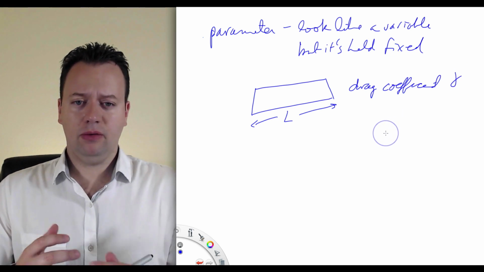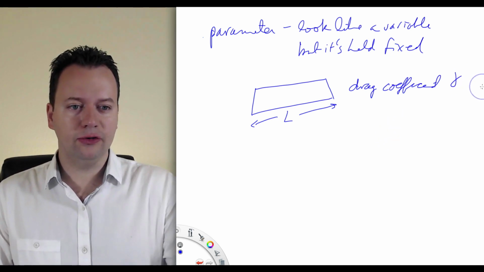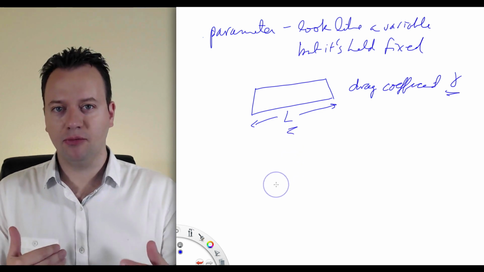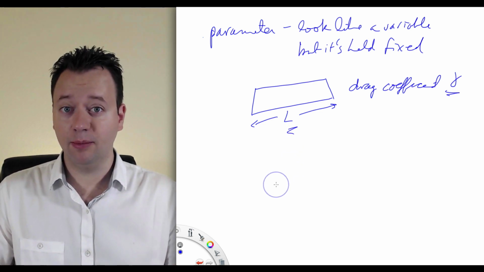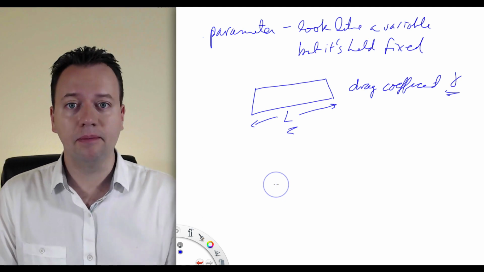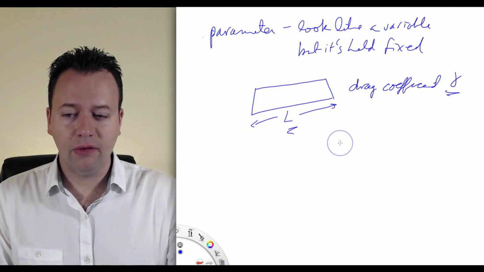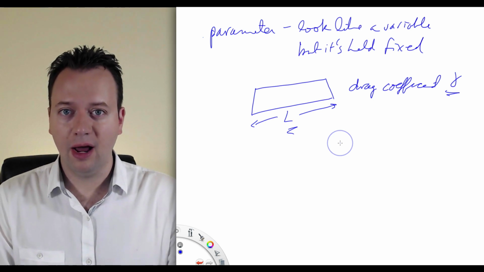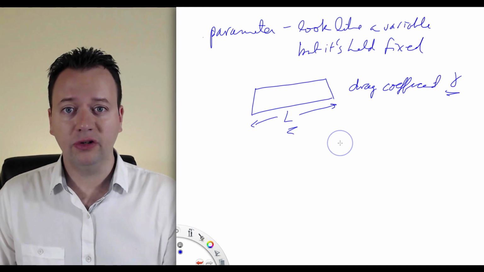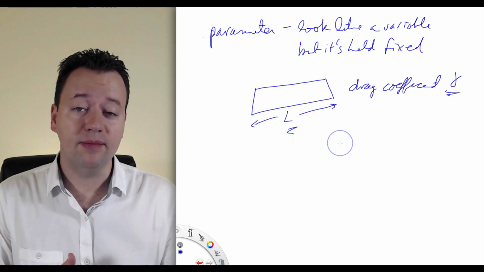Let's say that each wing has a different drag coefficient and a different length. And you want to solve some problem about the wing, for example, how much lift are you generating with your given airplane wing? Well, if you have 30 or 40 different airplane wings and you want to find the answer for all of these, you'd have to solve the problem 30 or 40 different times.